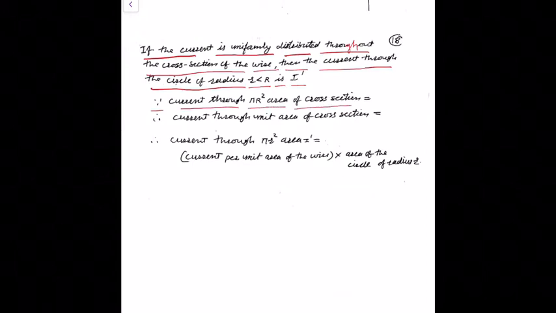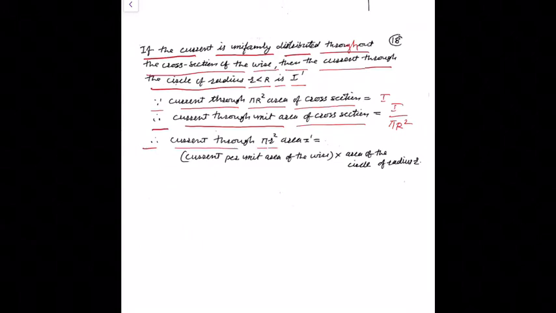Since current through pi R square area of cross section is equal to I, therefore current through unit area of cross section is equal to I upon pi R square.